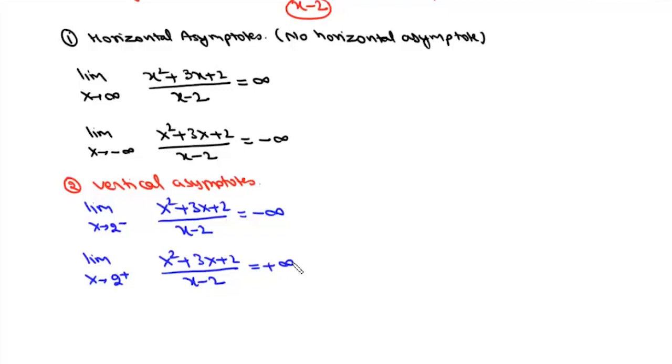So here we have left hand limit as minus infinity and right hand limit as plus infinity. So in this case, we have a vertical asymptote at x equals 2.